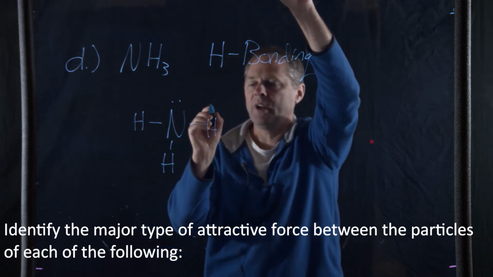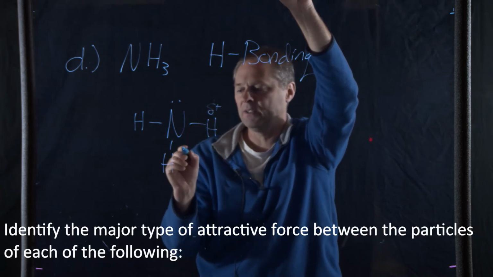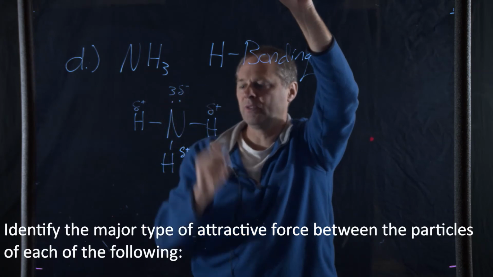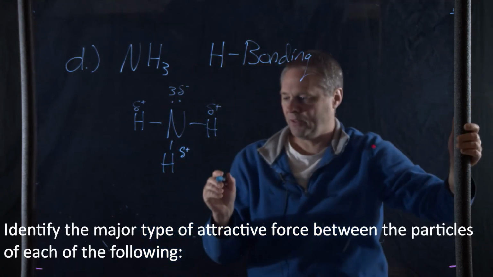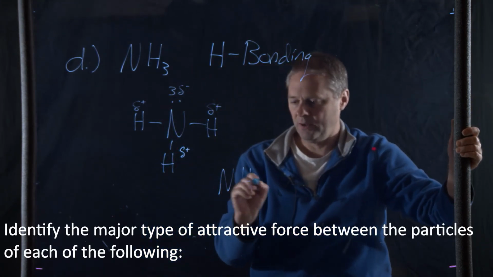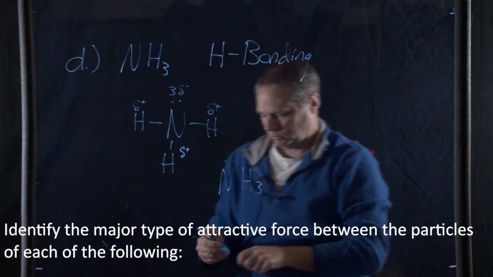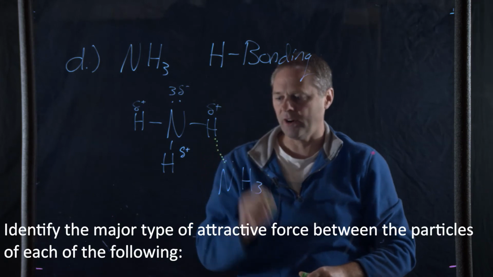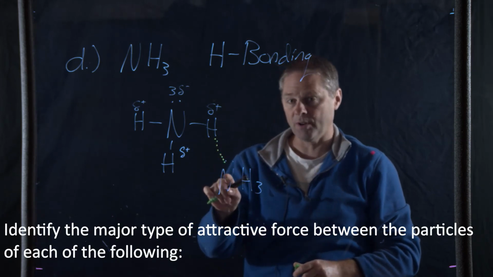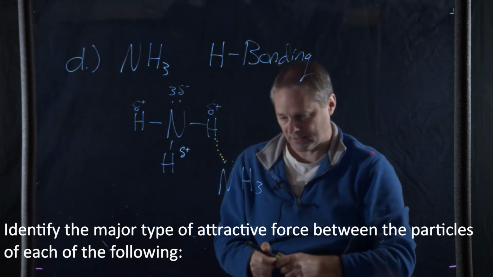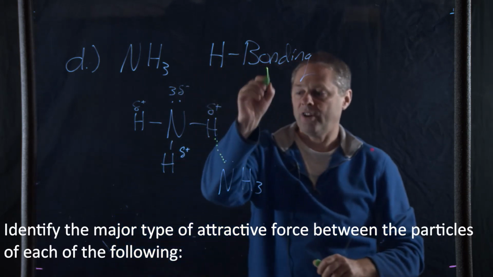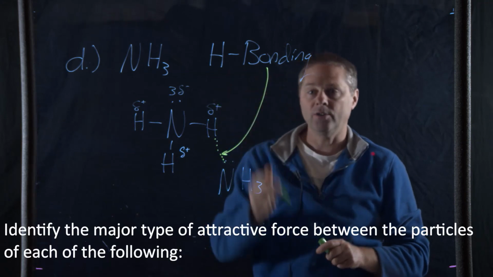These three hydrogens are going to be partially positive, and this nitrogen is going to be partially negative. If we happen to have another NH3 here, the hydrogen is attracted to that nitrogen, because this is going to be partially negative, and that's going to be partially positive. And so there's going to be an attraction here, and that attraction is what's called hydrogen bonding.